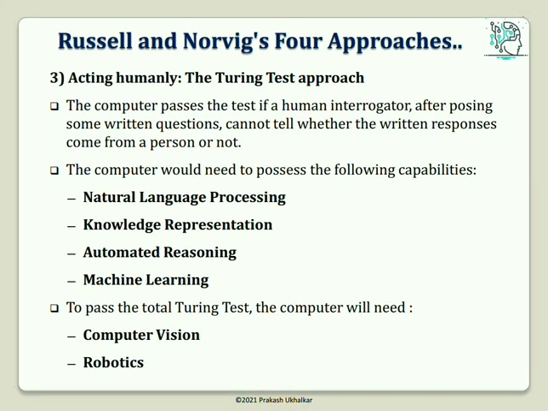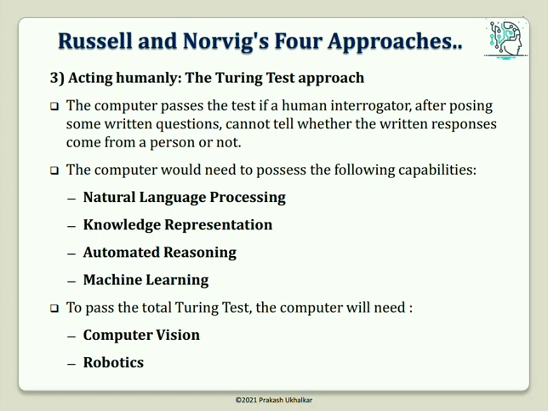Turing's test deliberately avoided direct physical interaction between the interrogator and the computer, because physical simulation of a person is unnecessary for intelligence. However, the so-called total Turing test includes a video signal so that the interrogator can test the subject's perceptual abilities, as well as the opportunity for the interrogator to pass physical objects through the hatch.